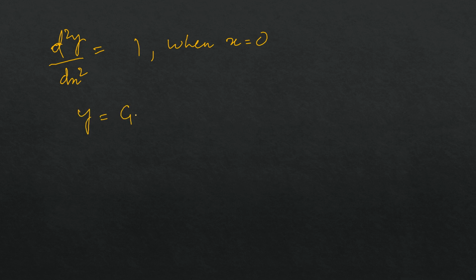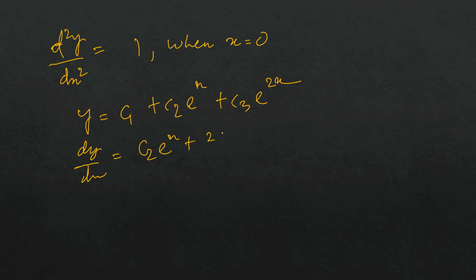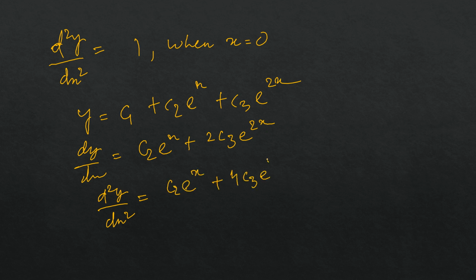First of all, y is c1 plus c2 e to the power x plus c3 e to the power 2x. dy by dx is c2 e to the power x plus 2c3 e to the power 2x. d square y by dx square is c2 e to the power x plus 4c3 e to the power 2x. So this is 1. 1 is equal to, x is 0, c2 plus 4c3. This is another equation.